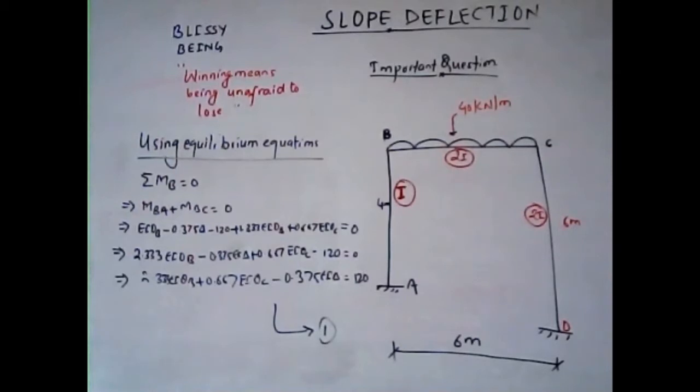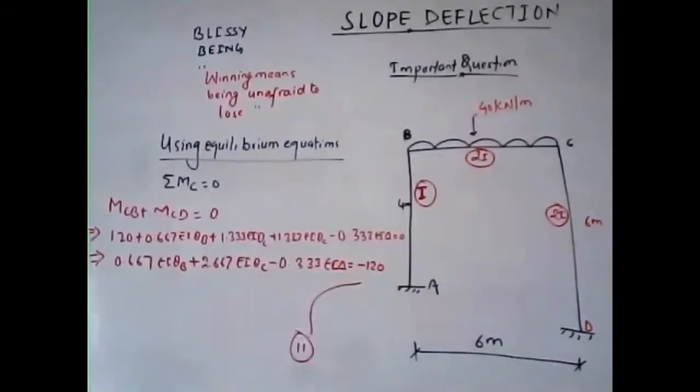You have already determined MBA and MBC, so you need to substitute the values of MBA and MBC in this expression, and you will receive equation number 1 as 2.333 EI theta B plus 0.667 EI theta C minus 0.375 EI del equals 120. So let this be your equation number 1.